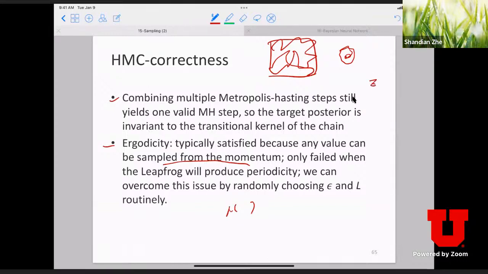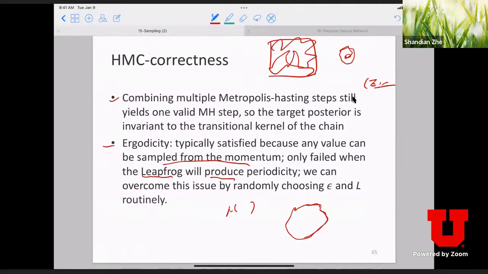However, if your leapfrog happens to produce periodic behavior over Z and R, then that is a problem. That means you might still be restricted to traversing the samples along some trajectory.